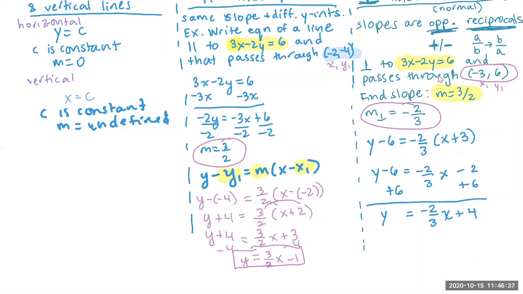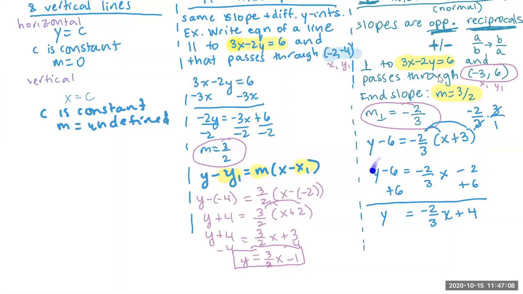When you're distributing, you're distributing that negative 2/3, so it should be negative. Negative 2/3 times 3, when you think about multiplying negative 2/3 times 3 over 1, that's negative 6 over 3, or you can reduce to get just negative 2. So that's where I got this negative 2 here.